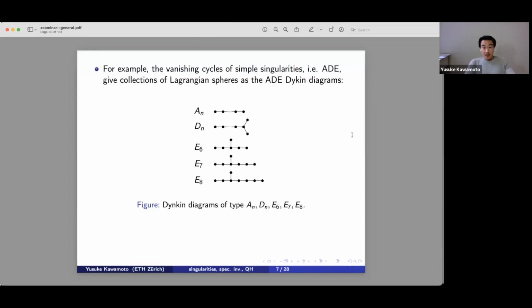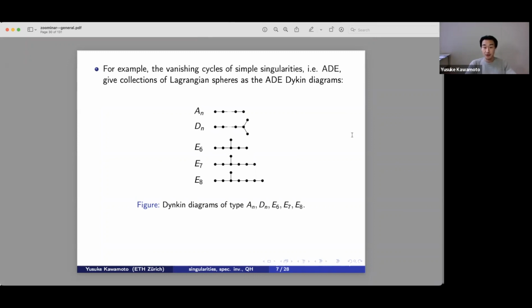Okay, so for example, I said the simplest example of isolated hypersurface singularities is the ADE singularities, the simple singularities. If you look at the vanishing cycles of these, what you get is a collection of Lagrangian spheres that have the intersection pattern of the ADE Dynkin diagram.